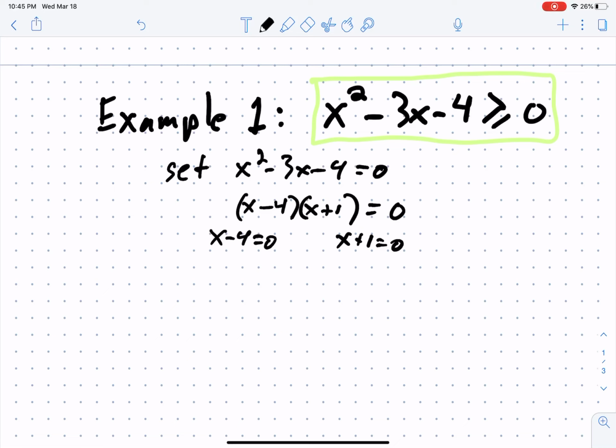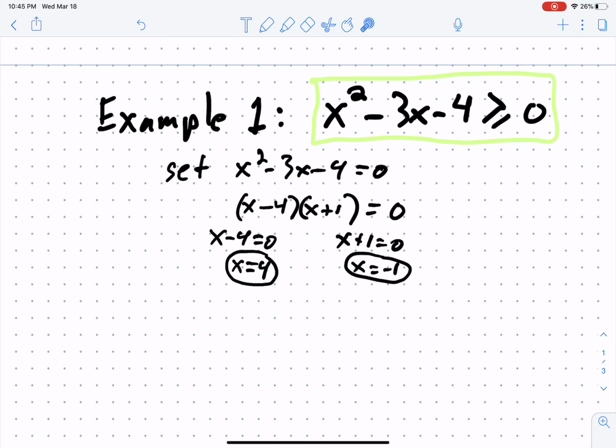And then here, on the left-hand one, we add 4 to both sides and we get x equal 4. On the right-hand one, we subtract 1 and we get x equal negative 1. So we have two numbers, x equal negative 1 and x equal 4. Those are the two numbers that, when you plug them into the left-hand side of this thing, turn the whole left-hand side equal to 0.